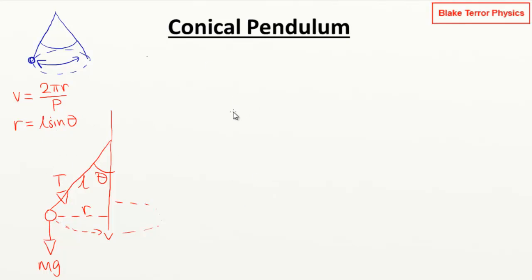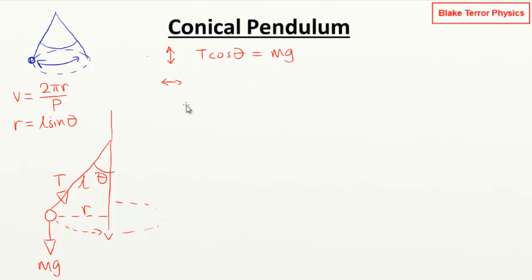Our analysis, as we've seen in all of our circular motion so far, uses Newton's second law, and we'll resolve vertically and horizontally. There's no motion vertically, so T cos theta is equal to mg.